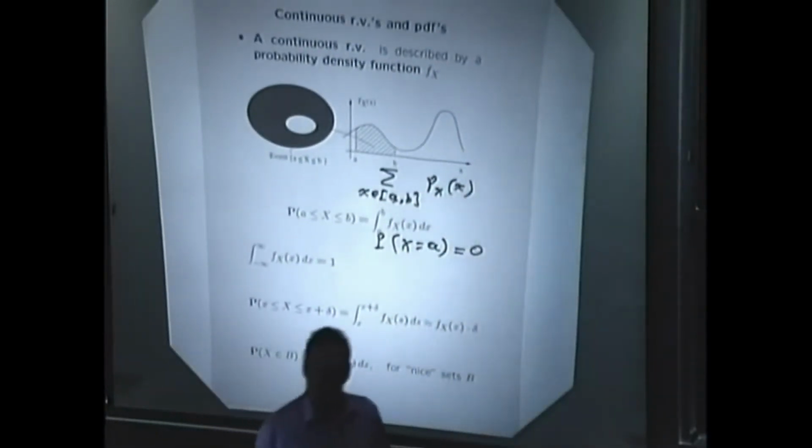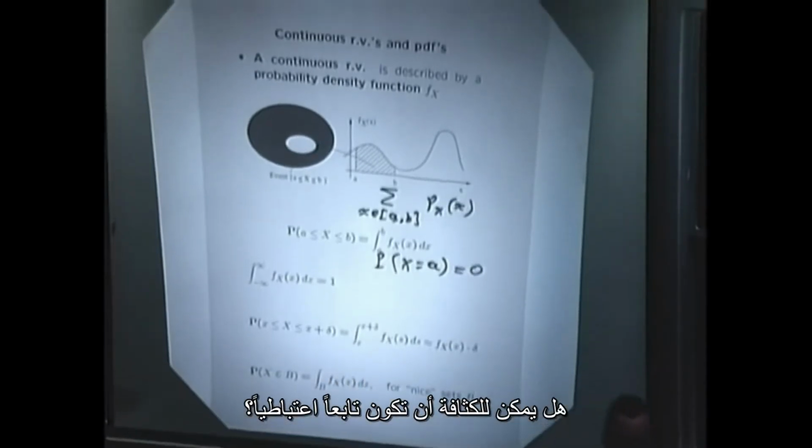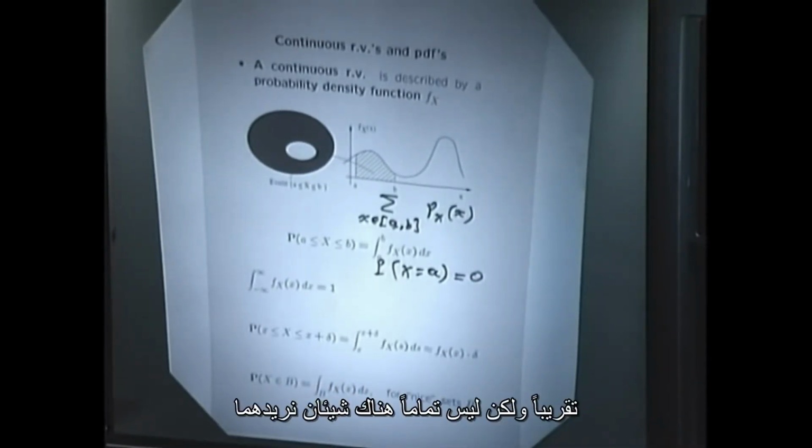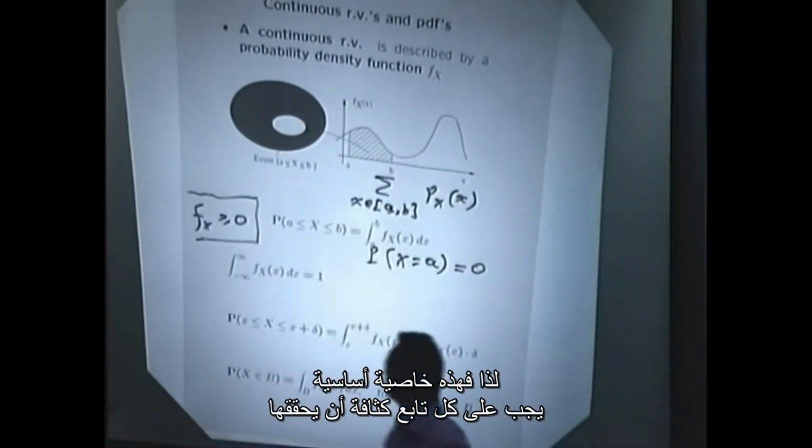Before we get there, can the density be an arbitrary function? Almost, but not quite. There are two things that we want. First, since densities are used to calculate probabilities, and since probabilities must be non-negative, the density should also be non-negative. Otherwise, you would be getting negative probabilities, which is not a good thing. So that's a basic property that any density function should obey.